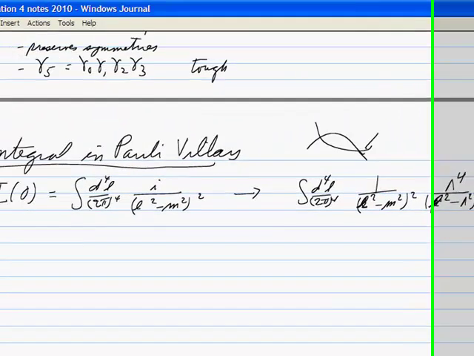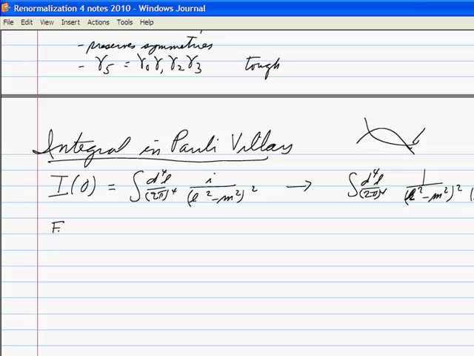If you watched that video where I showed you how to go through a loop integral, the first step is always Feynman parameterize. Okay. So that using that identity, the I of 0, well, there's a minus lambda to the 4th.